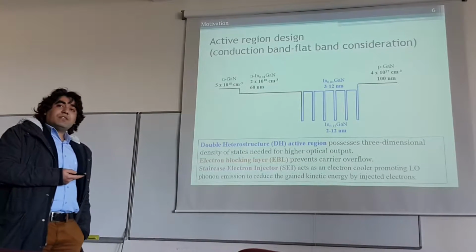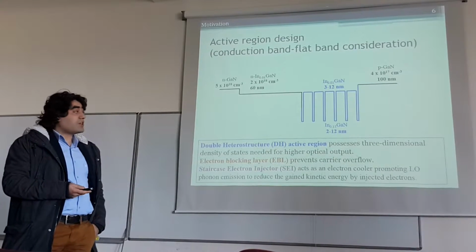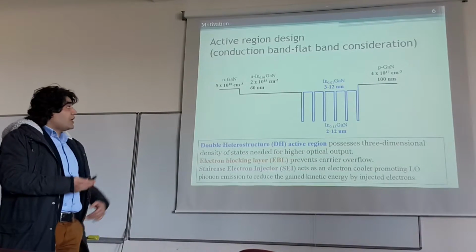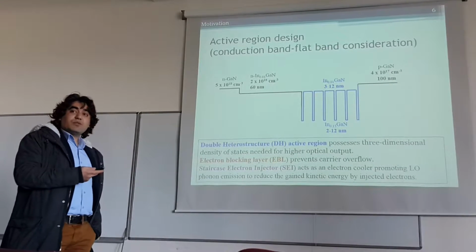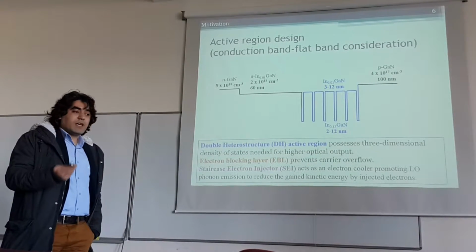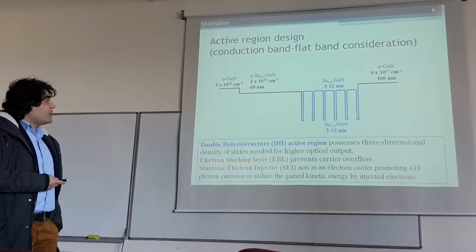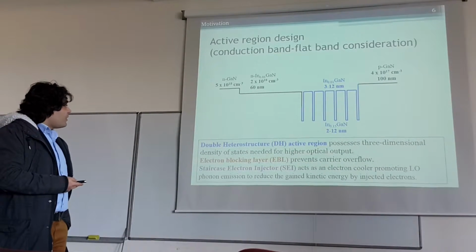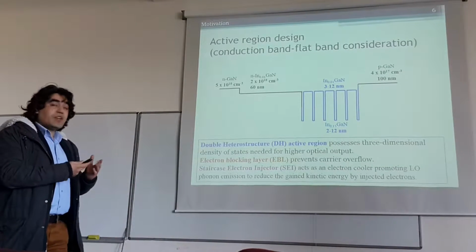In reality, in the polar directions, we have polarization fields which bend this structure. The problems were the electron leakage and high Auger recombination process. We want to mitigate this problem by engineering the band structure.